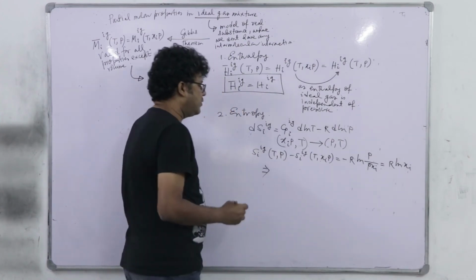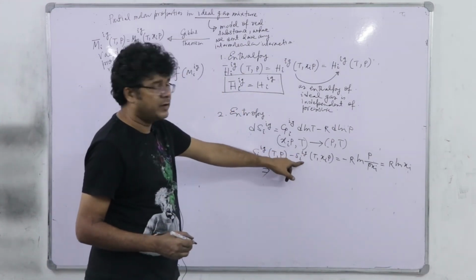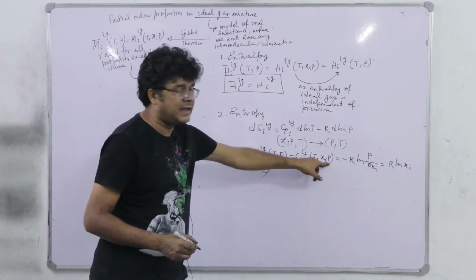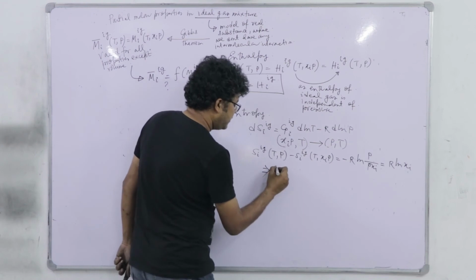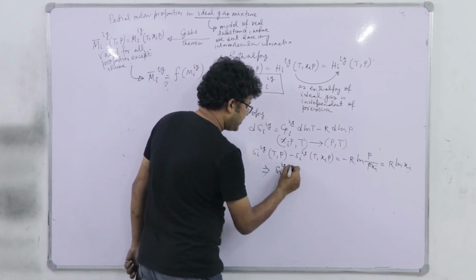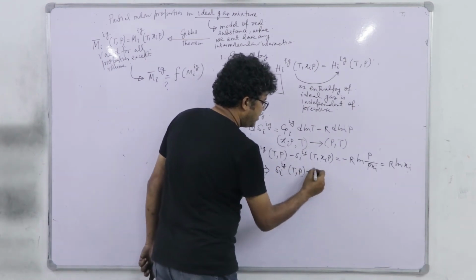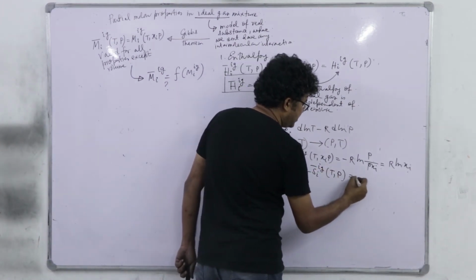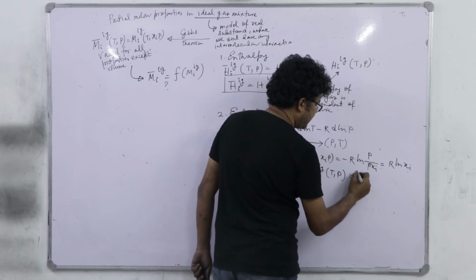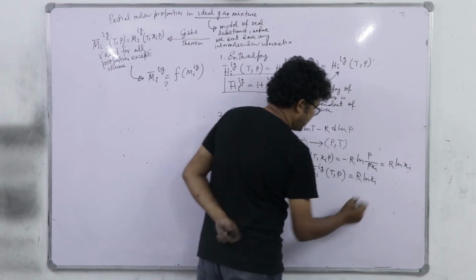Now, you see according to Gibbs theorem SiIg pure species entropy at T, xi P must be equal to Si bar Ig at T, P. So, SiIg at T, P minus Si bar Ig at T, P equals R ln Xi.